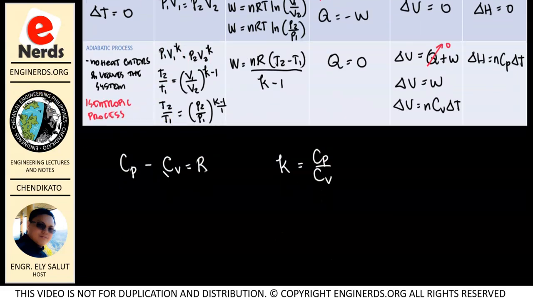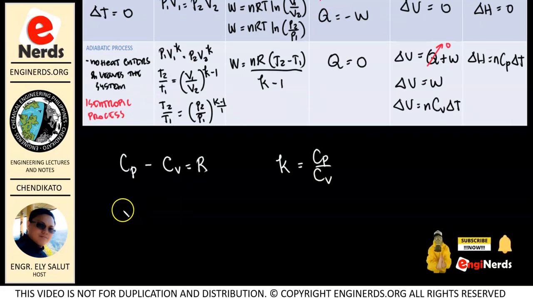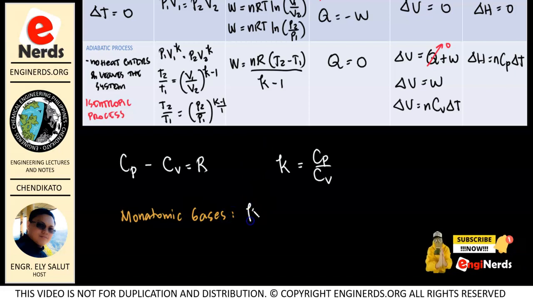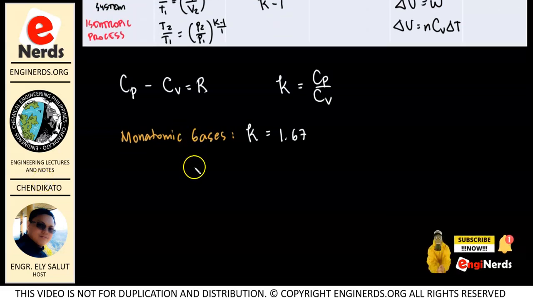For example, according to that book, if we are working with monatomic gases, our K is equal to 1.67. And if we are working with diatomic gases, our K is equal to 1.4.